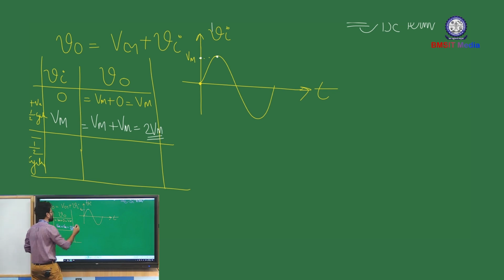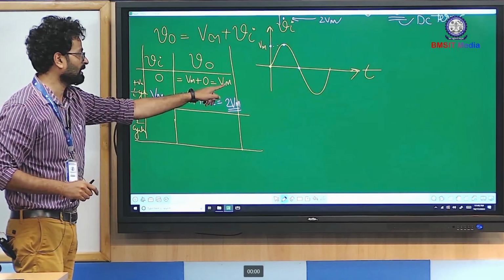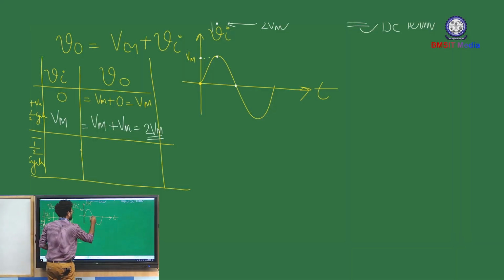When your input is at Vm, your output will be somewhere here, and this value corresponds to 2 Vm. Once again, when your input falls to 0, your output is at the Vm level. This is how you get the positive half cycle.